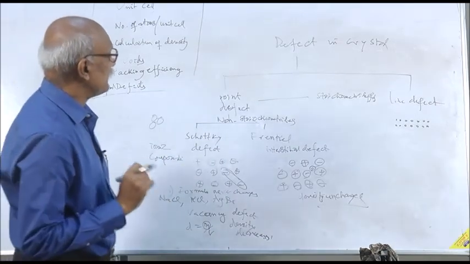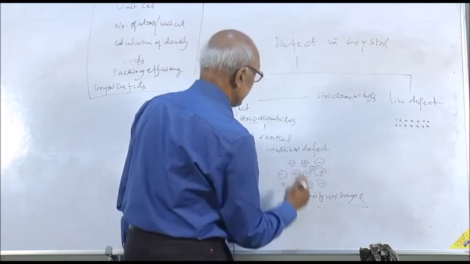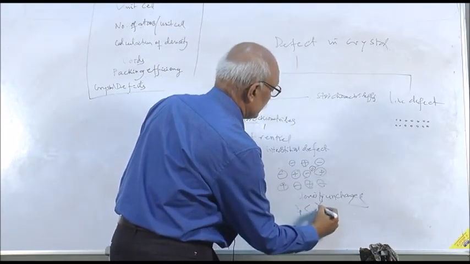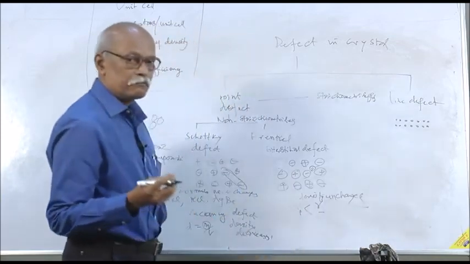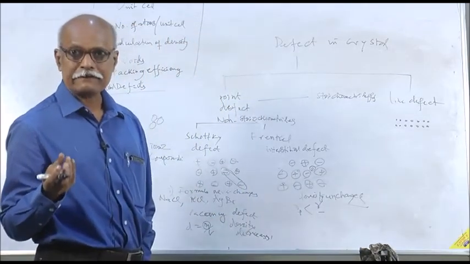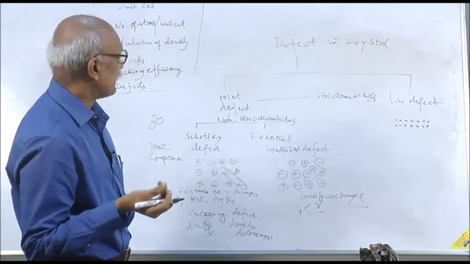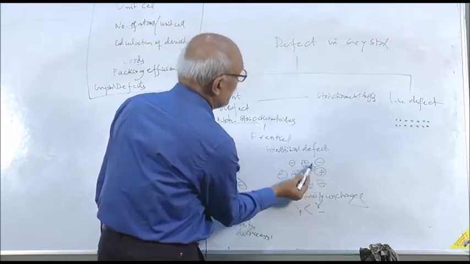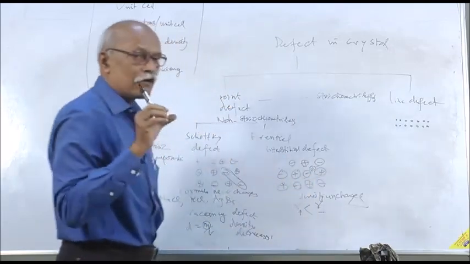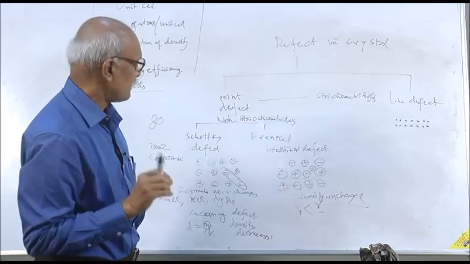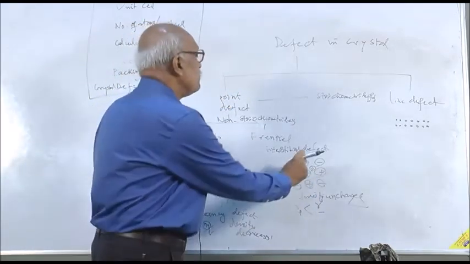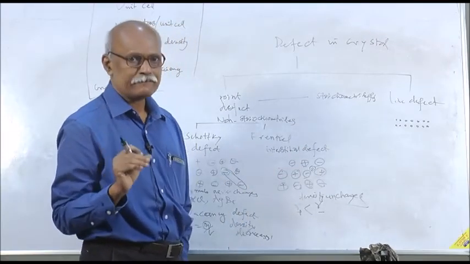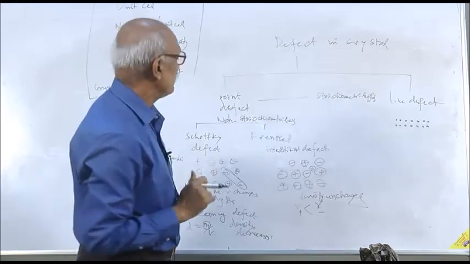And in this case, the radius of the cation is less than the radius of the anion, because a cation is formed by loss of an electron. The cation must be smaller so that it can be accommodated in between the spheres, in the interstitial spaces, the vacant spaces.